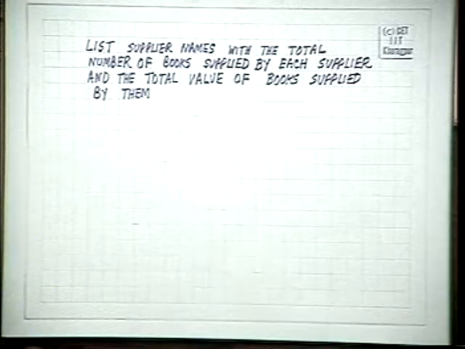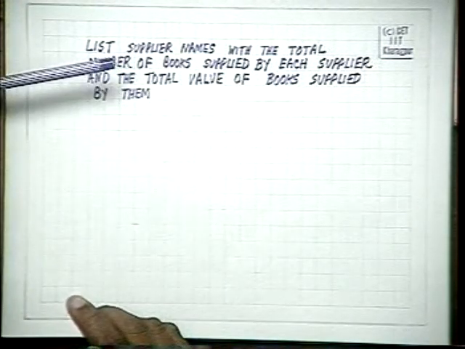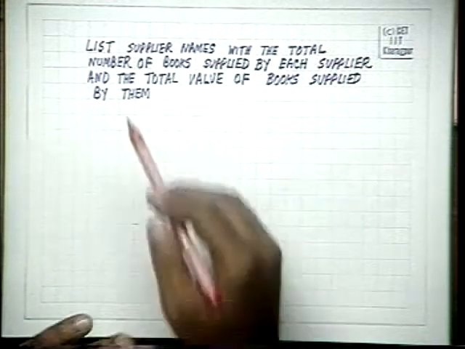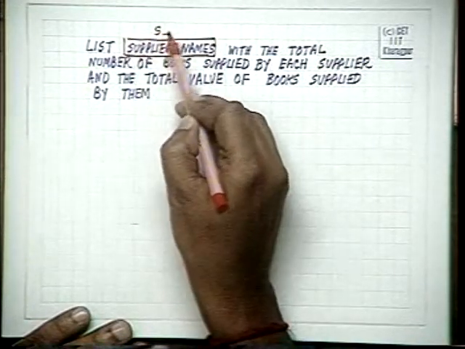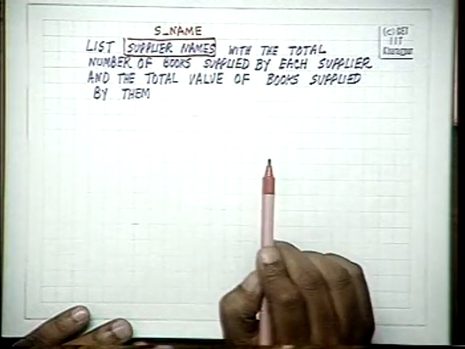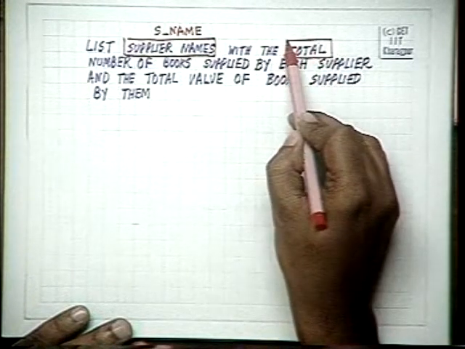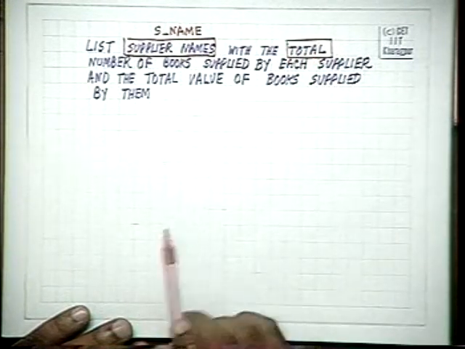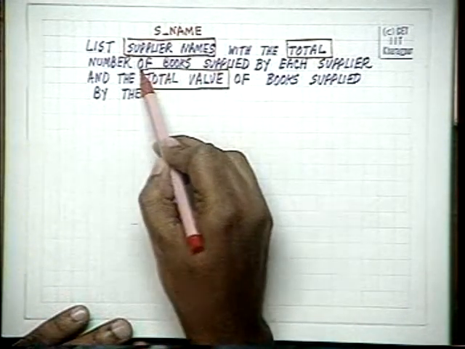We have to list out the names of the supplier, which is S name, with the total number of books supplied by them. So the count function is there, and the total value from the price, we will be able to get this.